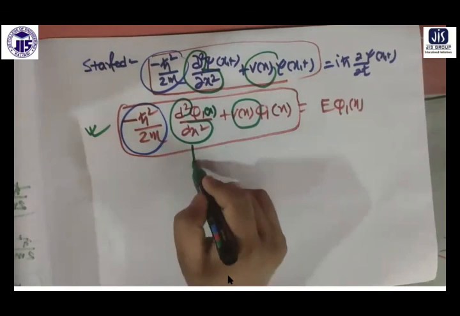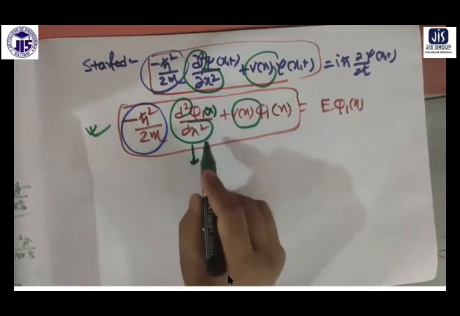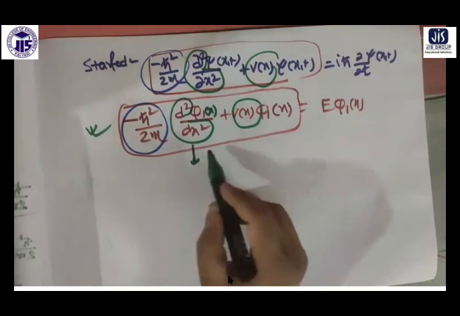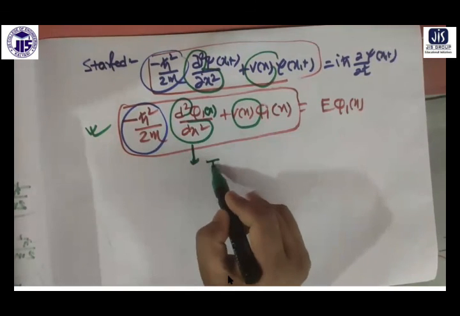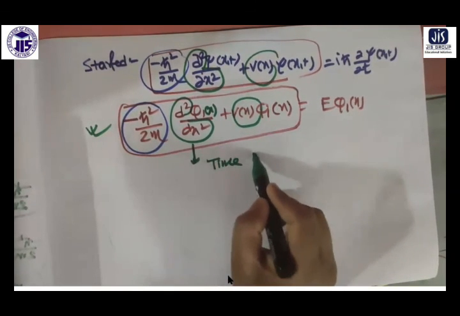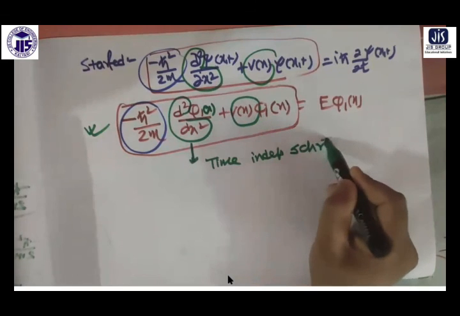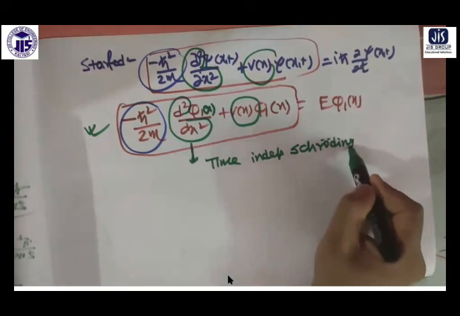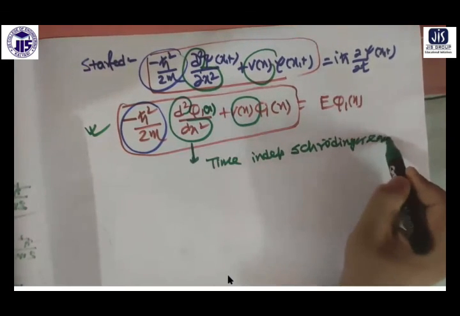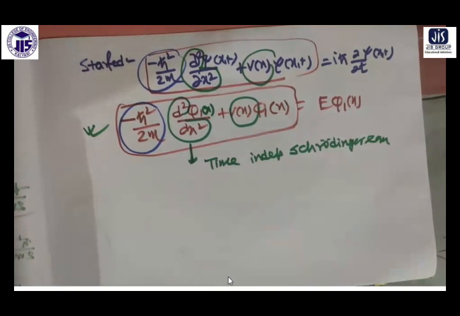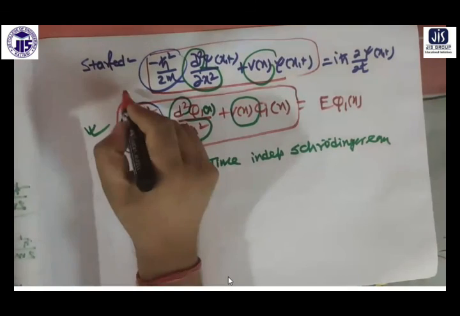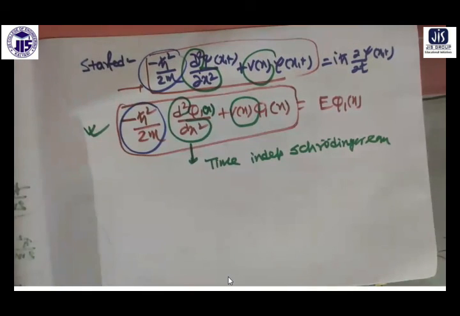So this last equation, which is independent of time, because time has been separated out, is popularly known as the time independent Schrodinger equation. And the other equation is called the time dependent Schrodinger equation.